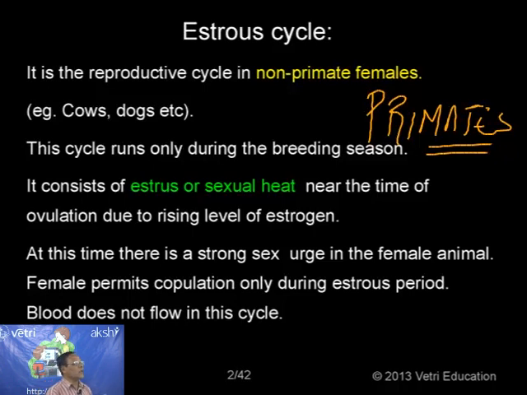They exhibit the sexual cycle continuously throughout the year. But in other mammals, there is also a sexual cycle, but it does not happen throughout the year. It happens only during the breeding season. So we have two different types of cycle. In the case of order primates, the sexual cycle happens throughout the year.